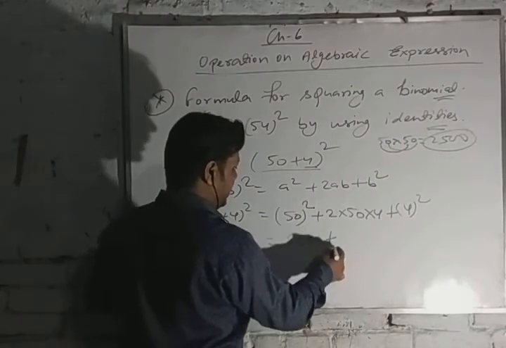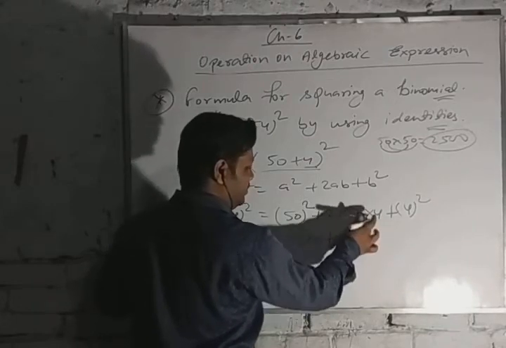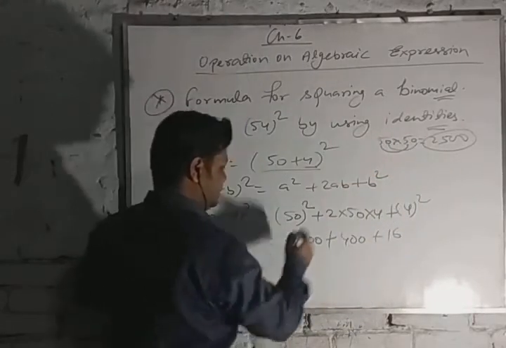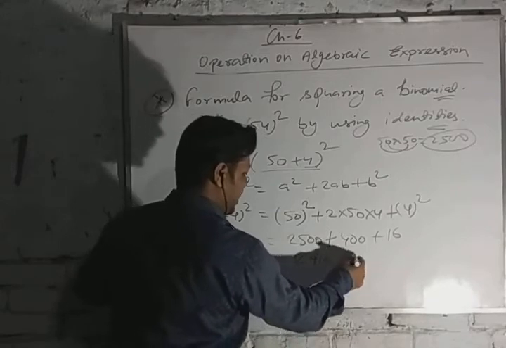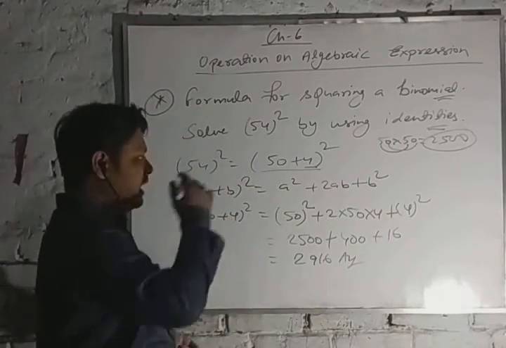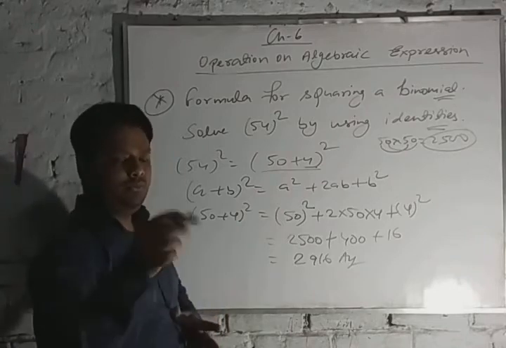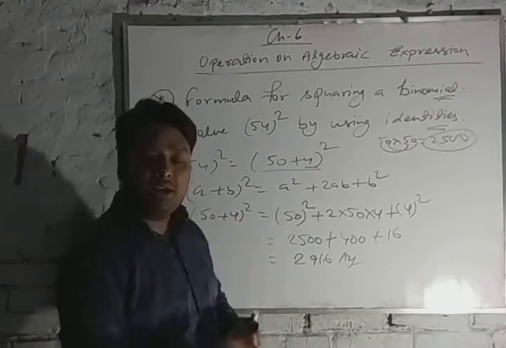2500. Now this will be 5 twos are 10, 10, 4 twos are 8, 8 more, 4 fours are 16. Now add this. You will get 2916 as the answer. So, using the identity, we can solve this question. Okay. Let's see if the question is based on another identity.